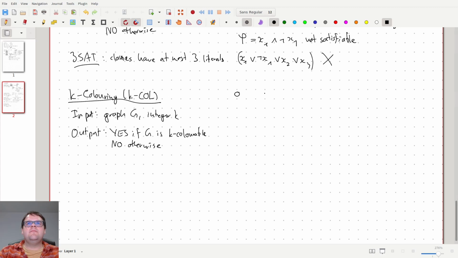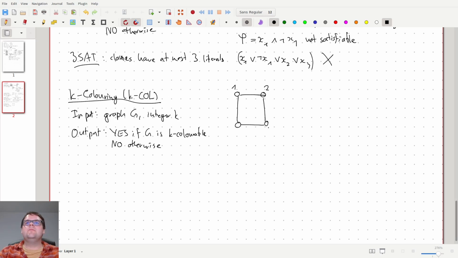So for example, if we have this graph, the classic, what we can do is we assign color 1 to this node, and then in graph coloring, the idea is that nodes that are adjacent to this can't have the same color, so we can't use 1 here. So let's use 2 here.